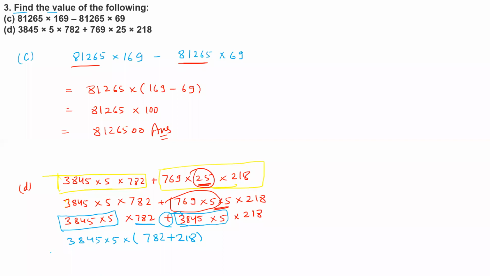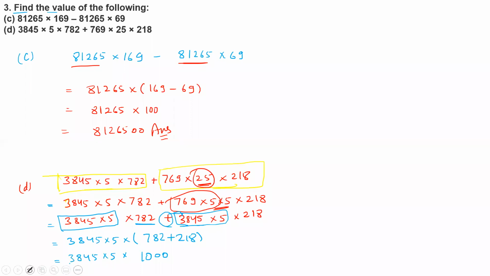Fine. So students, now you are going to add the numbers which are inside the bracket. So 782 plus 218 is 1000. Okay, now multiply these three numbers and tell me the answer fast.